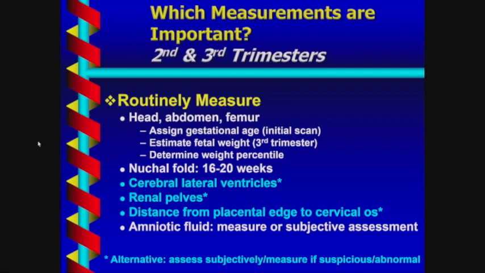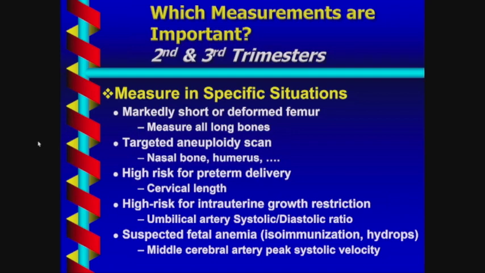Either measure them routinely or at least look at them routinely and measure if there's a question. And the amniotic fluid you can measure or assess subjectively. And there are a bunch of different uses of measurements that you can use, not routinely, but in specific situations.